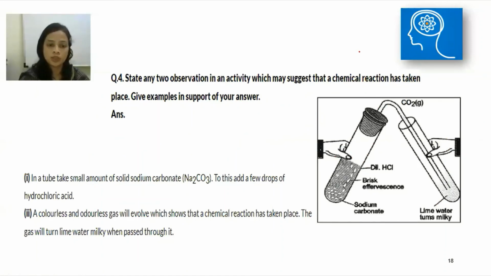Question number 4. State any 2 observations in an activity which may suggest that a chemical reaction has taken place. Give examples in support of your answer. So the answer is that in a tube, you can see this diagram.